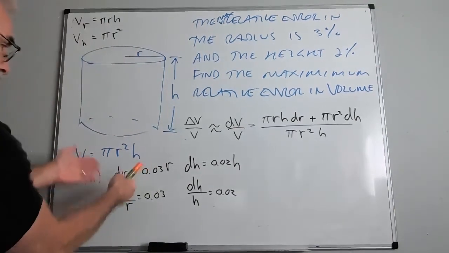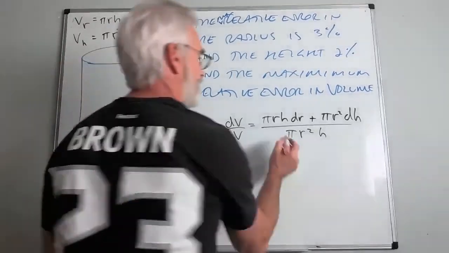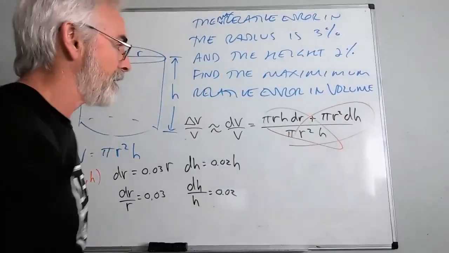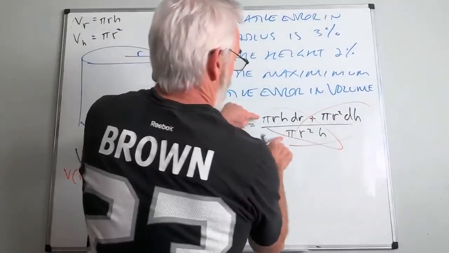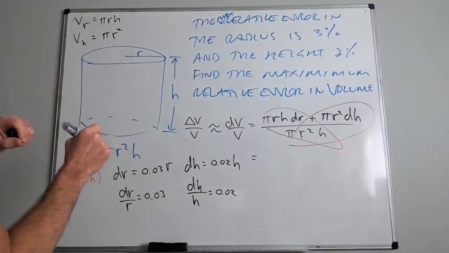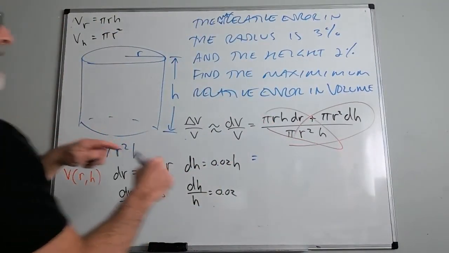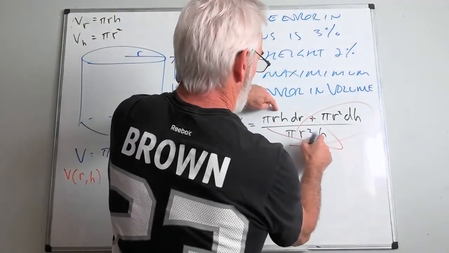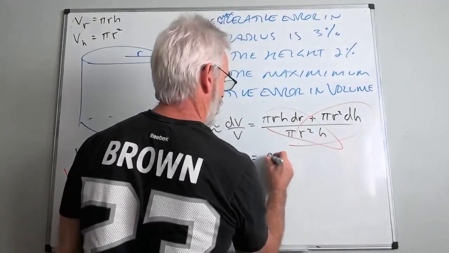And by the way, I could substitute things in, but I'll make it easier on myself. Just break up the quotient. So the pi's will cancel. One of the r's will cancel. And the h will cancel.